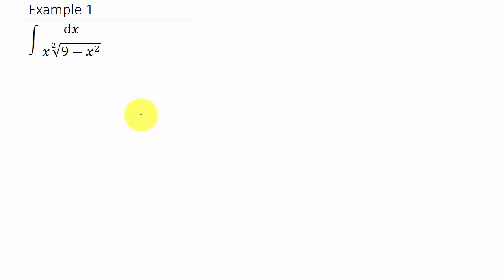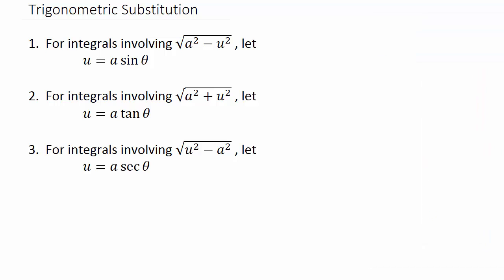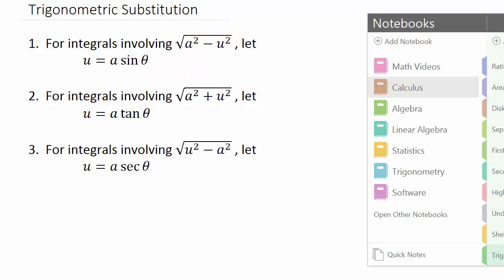You can see that we have the radical, 9 minus x squared, so that's in the form of a squared minus u squared. Remember that one told us to let u equal a sine theta. This is the one we have.